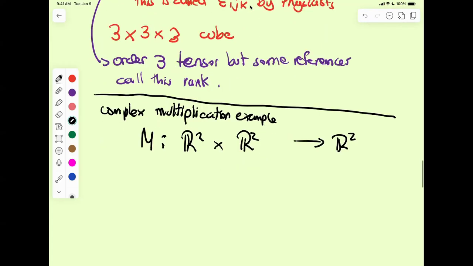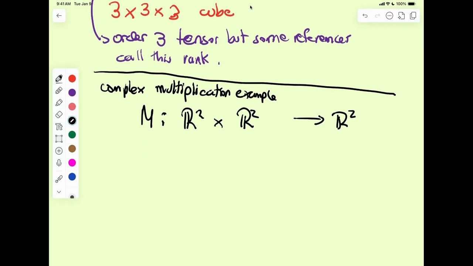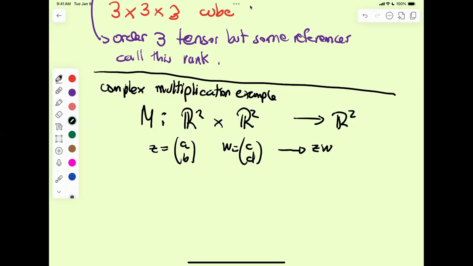The way you wanted to think about it is that you have a complex number, which you can think of as a pair A, B on the plane, and another complex number, another pair C, D on the plane, and you send this to the product of these two complex numbers, which is just z times w. If you work out what it is in terms of the entries on the plane, that gives you that weird formula I had written before: AC minus BD, BC plus AD.